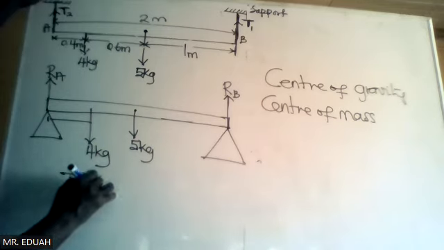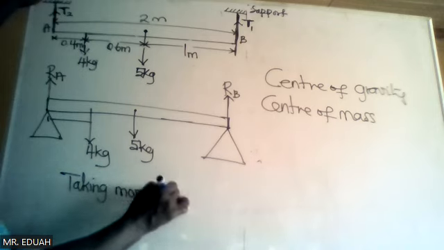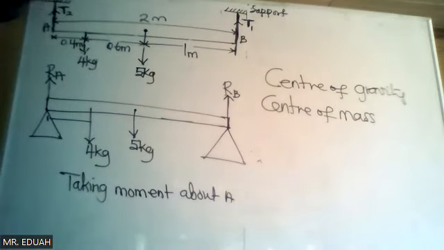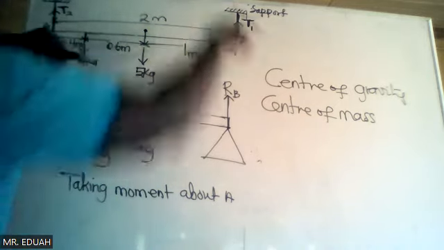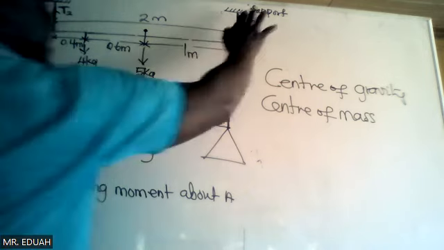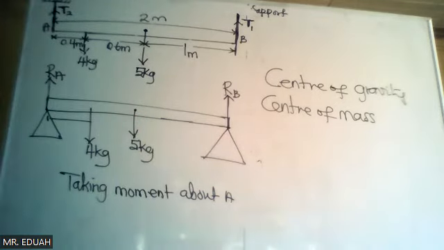Taking moment about A. You see, these are also supports. And once it is supported to the ceiling, it means turning effect can take place around any of these. So taking moment about A, meaning the support B seems to be gone.